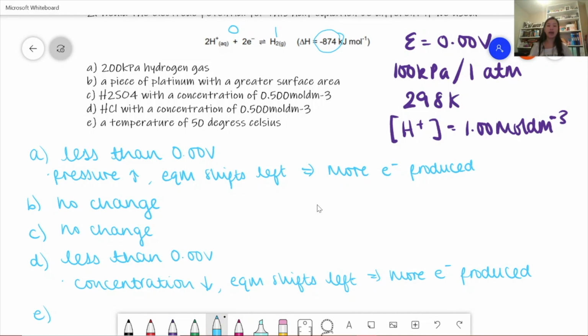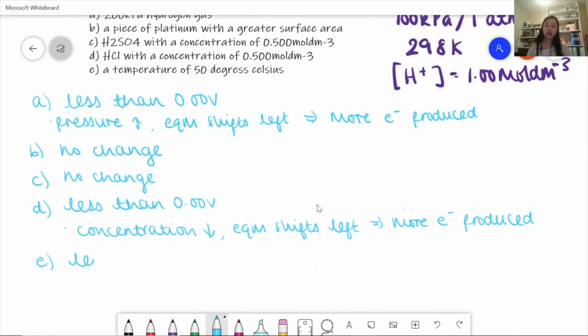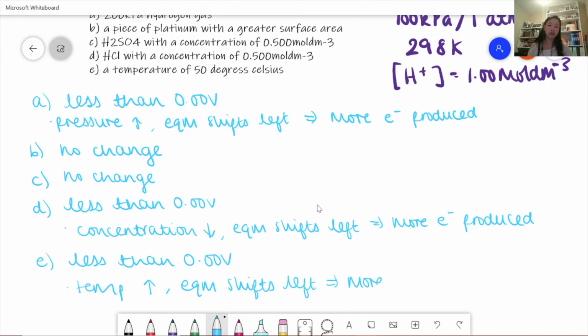So if we increase the temperature, then it will favour the back reaction, the endothermic reaction, and so more electrons are produced, so the EMF will be less than 0.00 volts again. If we increase the temperature, the equilibrium shifts to the left and more electrons are produced.